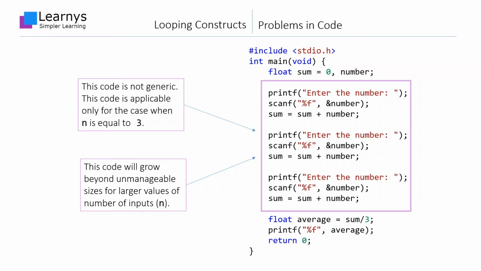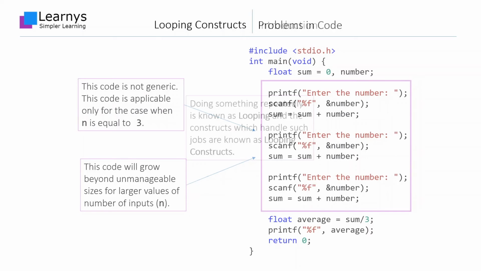Just imagine what will happen if the same program is rewritten for finding out the average of 100 numbers. With the above mentioned approach, your program will have more than 300 lines for the case when n is equal to 100. Obviously, this approach is very rigid and cumbersome and will lead to a bloated code, which will be difficult to maintain and is very much prone to bugs.